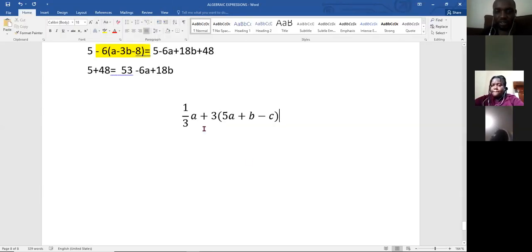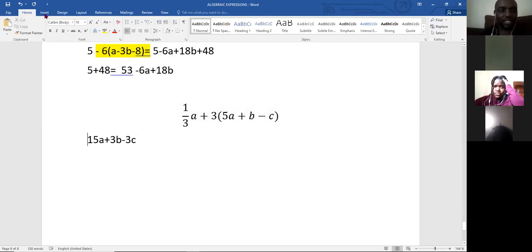So you have this 1 over 3a plus, and you have to expand whatever is inside the bracket first. So 3 times 5a is 15a. 3 times b is 3b. Remember, all of them are positive. 3 times negative c, the answer is negative 3c. So this is whatever is going to be added to 1 over 3a.